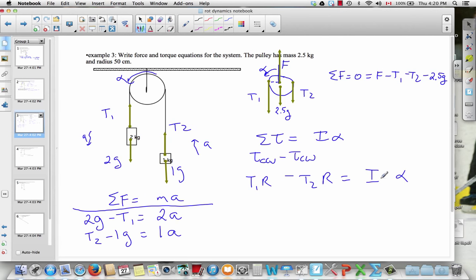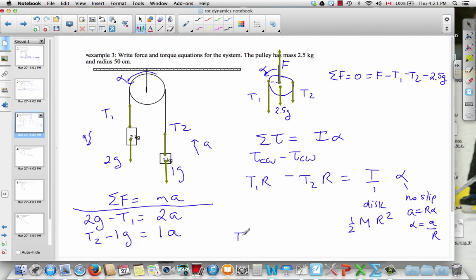Now, a couple of things here. We will treat all pulleys as disks. So the inertia of a disk is 1/2 times the mass of the pulley times its radius squared. If the string does not slip on the pulley wheel, then there's a relationship between the angular acceleration alpha and the acceleration of the string a. a will equal r alpha, or alpha will equal a over r, where that acceleration equals the acceleration of the string and therefore equals the acceleration of the two masses.